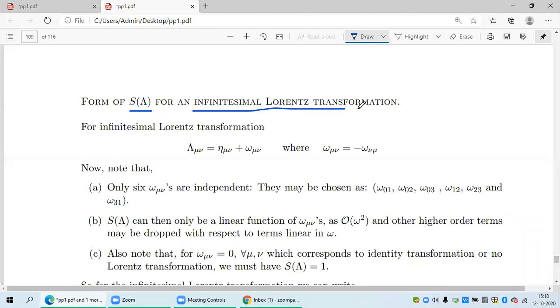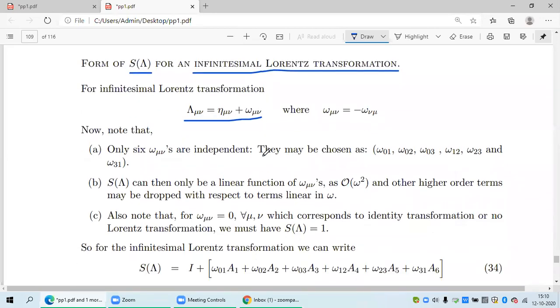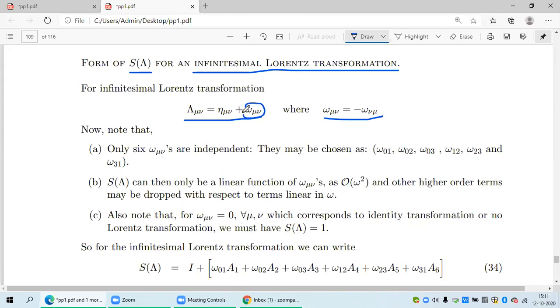Okay, so for an infinitesimal Lorentz transformation, I can write it this way, and this omega is antisymmetric. So the parameters of the transformation are inside this omega.